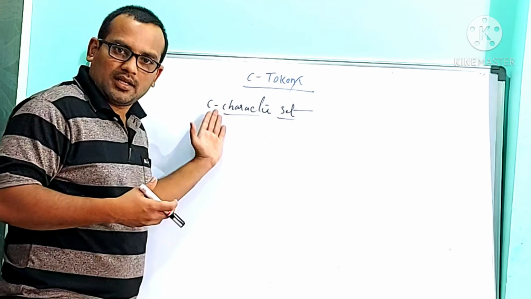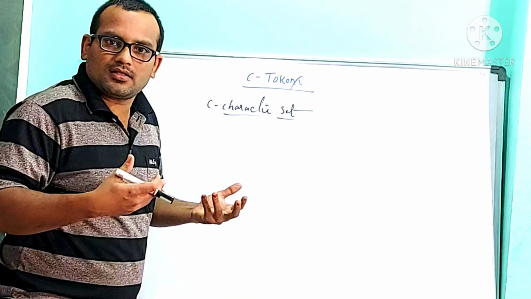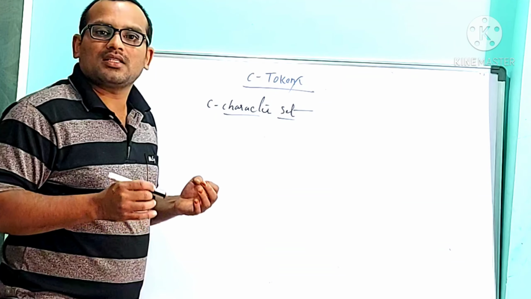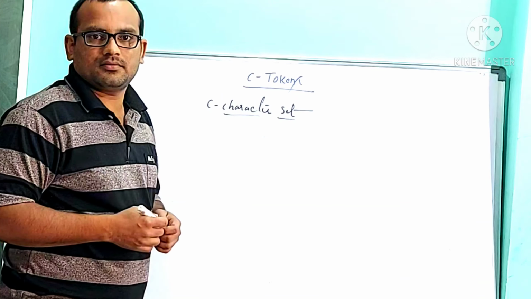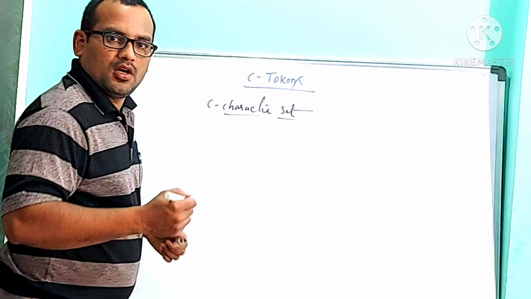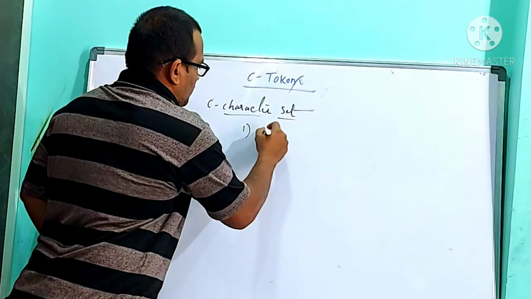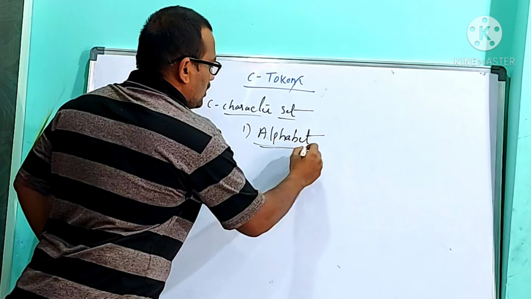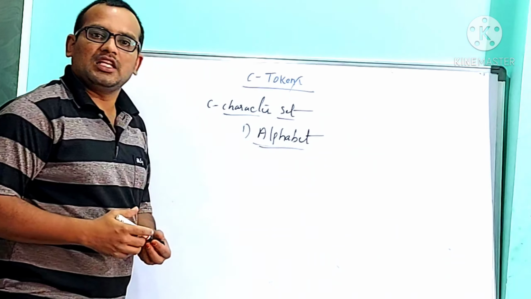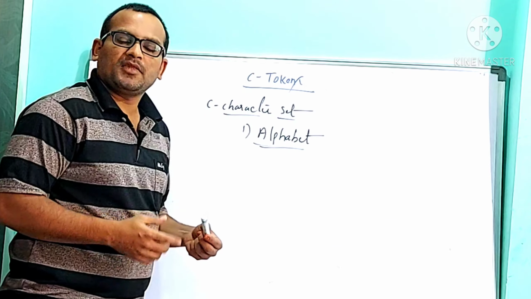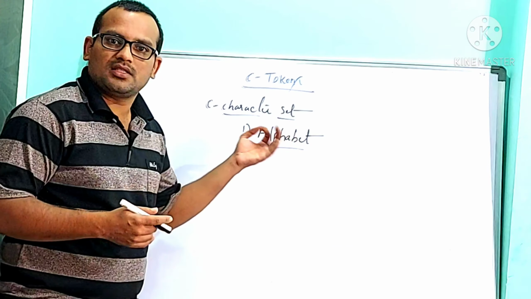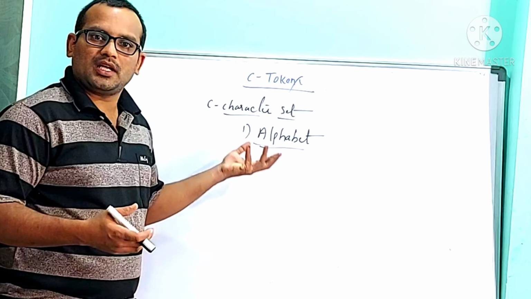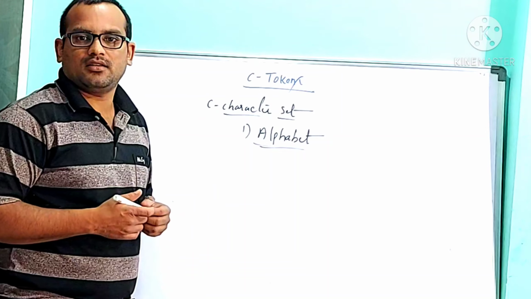The set of characters which we are using to write a C program comes under C character set. To write a C program, we can use alphabets. It may be a C program, C++, Java, or Python. The topic is same. The set of characters which we are using to write a program comes under character set.